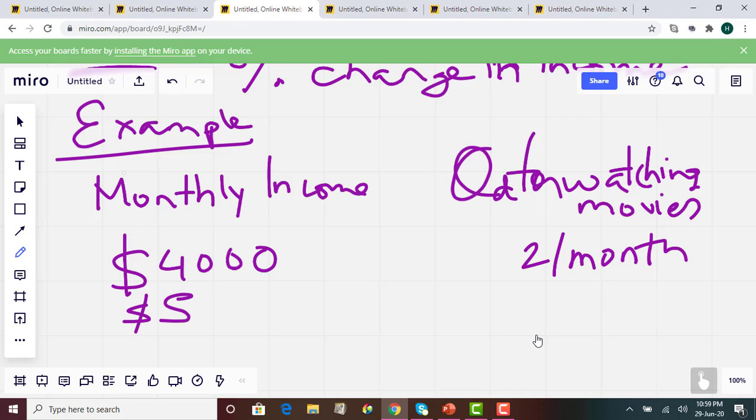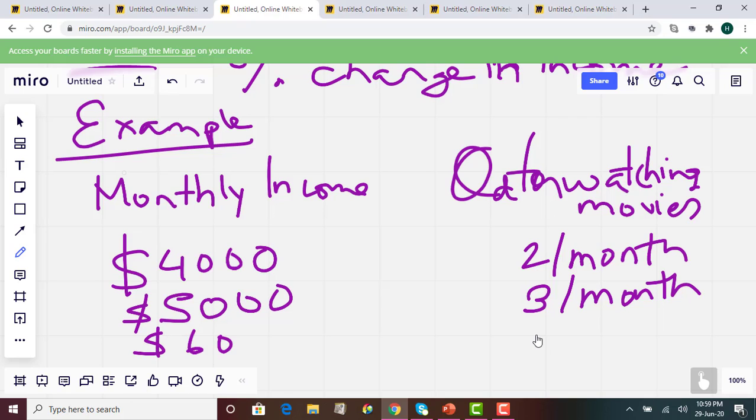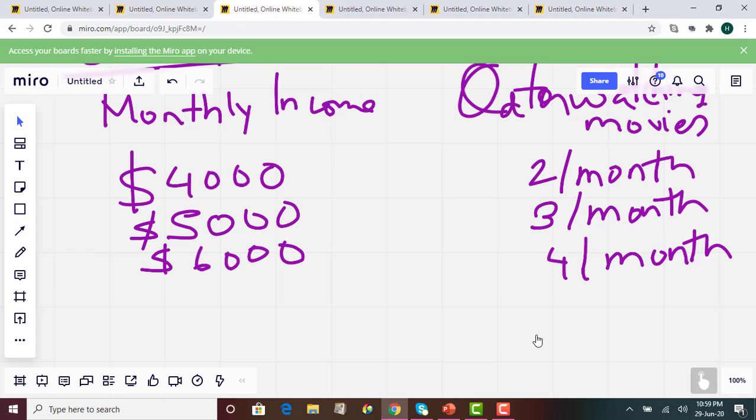If your monthly income is $5,000, then you will watch 3 movies per month. And if your monthly income is $6,000 per month, then you will watch 4 movies per month. Okay, in the theater, not on the TV or at your home. In the theater you buy the ticket and watch 3D or IMAX, and you're going to spend money on that.